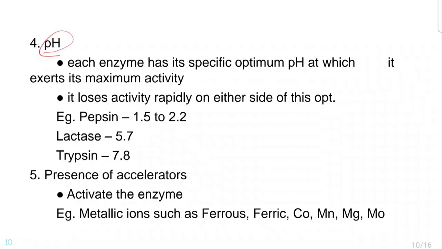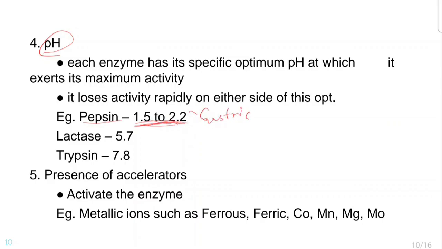The acidity and the alkalinity of your substance. An enzyme has a specific optimum pH at which it exerts its maximum activity, and it loses its activity rapidly on either side of this optimum pH. For example, your pepsin is optimally active at a pH of 1.5 to 2.2, and this is the pH of your gastric acid.